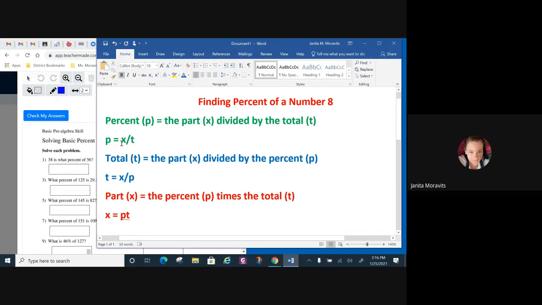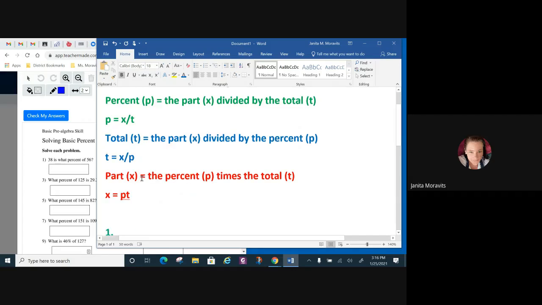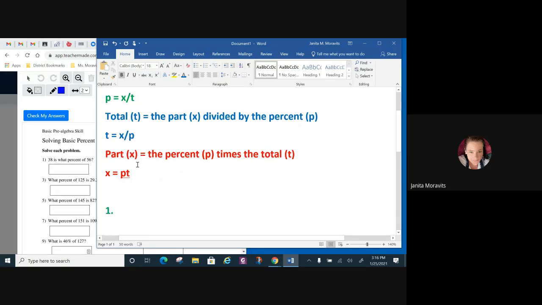So P equals X, the part, over T. If you're looking for the total, you take the part and divide it by the percent. Remember to change that percent to decimal form. So total equals the part, X, divided by the percent, P, in decimal form. If you want to find the part, then it's the percent, P, times the total.